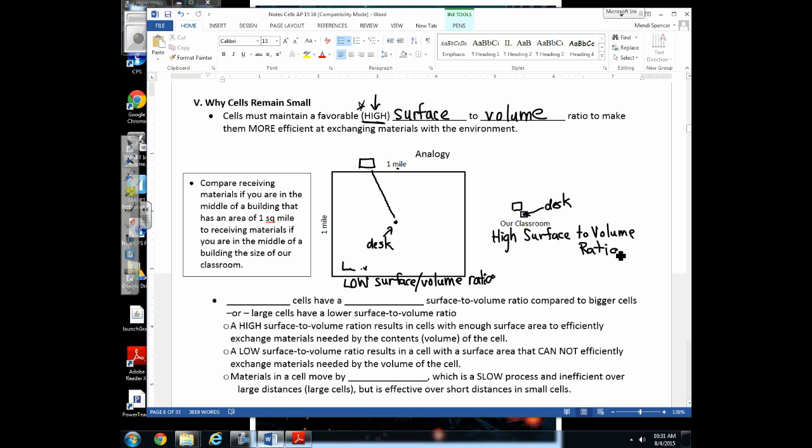Now let's make sure you understand the concept of surface area and of volume. So imagine this square is a box, and if I feel the outside of the box, I'm running my hand over the surface. So that entire area that I can touch, that's the outside of the box, is what's considered the surface area. So let's indicate surface area.